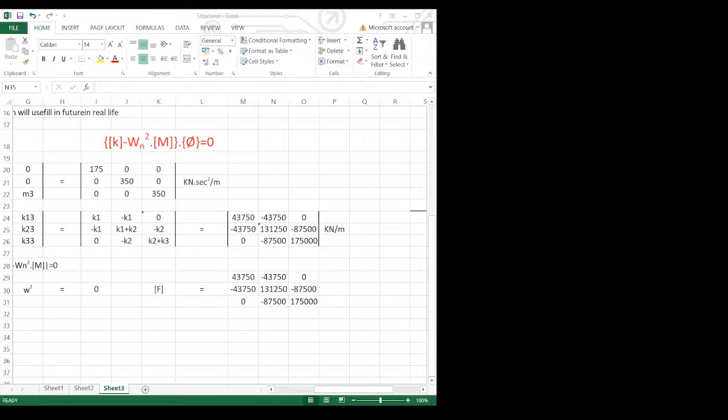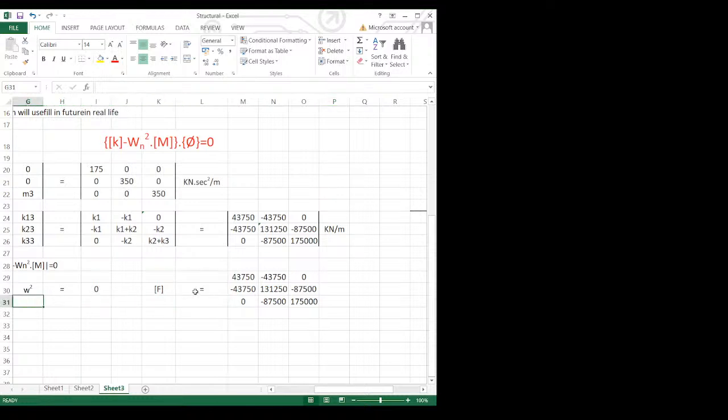We have calculated the F force matrix, that is K minus omega square into M. Okay, all right, this was solved.